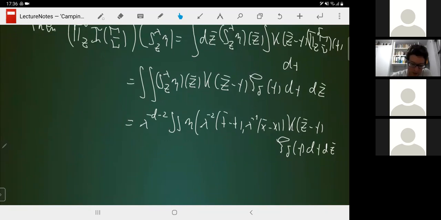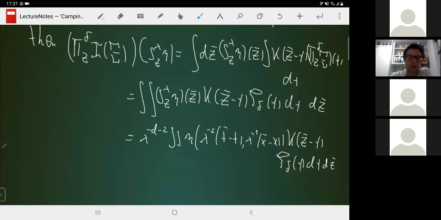I mean, in a sense, what should happen? The idea is, since you get an object of positive order, as lambda goes to 0, it should converge to essentially this thing evaluated at the center point. So as lambda goes to 0, this will converge to this guy.